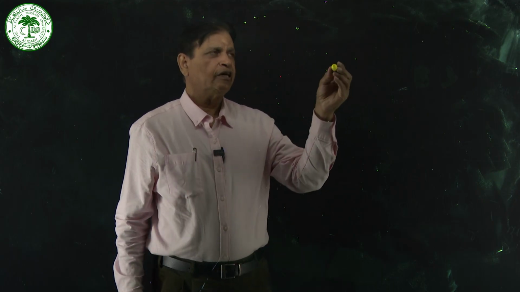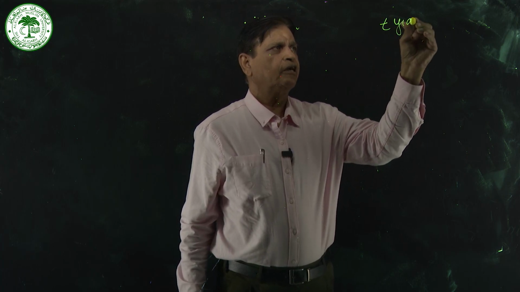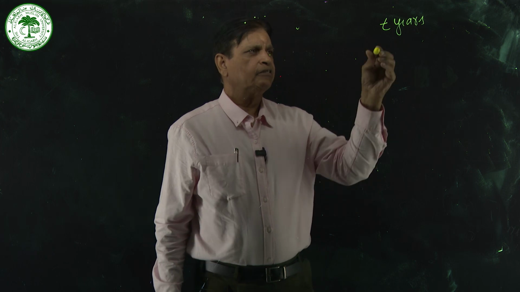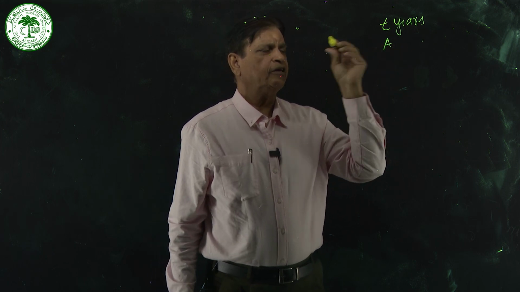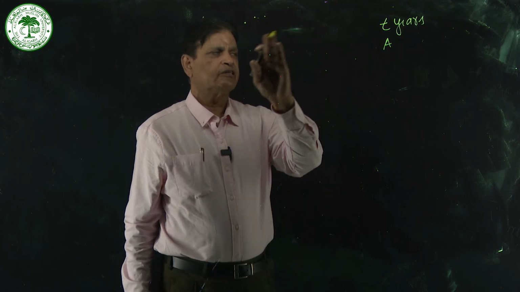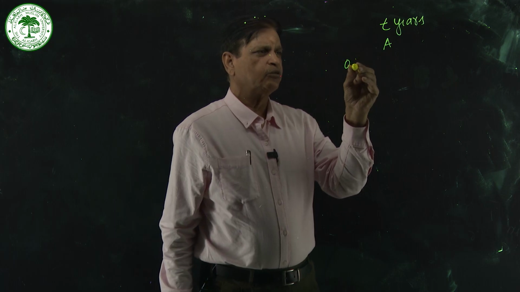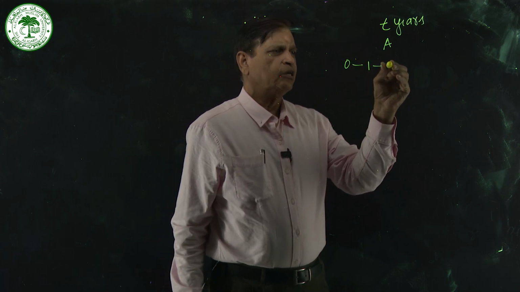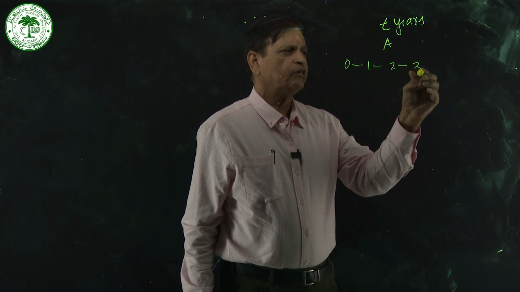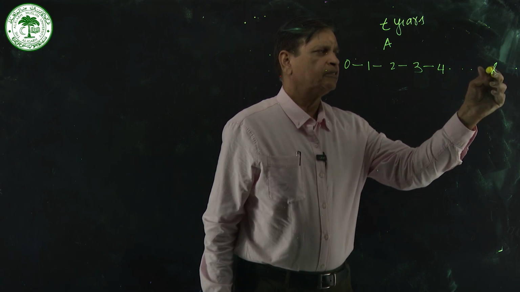So here the annuity is being received for T years. Now we'll write T rather than n, and the annuity is A, that is being received for T years. So we can write it like this. Suppose it is 0 to 1, 1 to 2, 2 to 3, 3 to 4, and likewise.